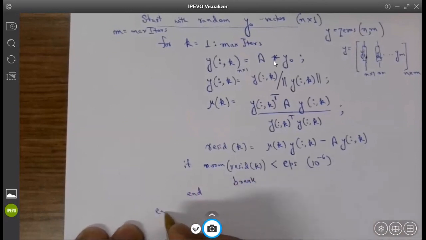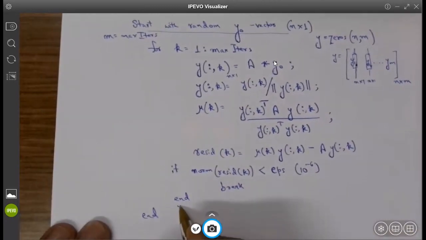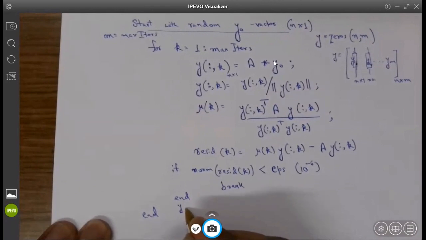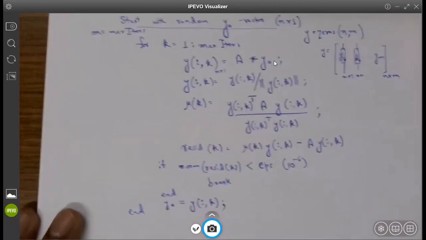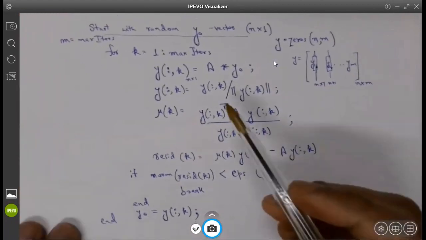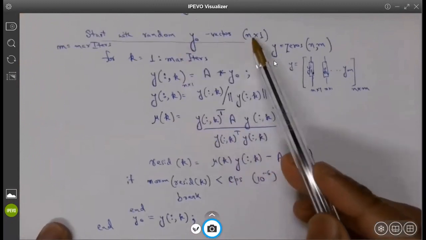And so I just create a for loop. Oh, there is one more statement here: y0 is equal to y colon comma k. So what I'm doing here is multiplying this random vector y0, which I'm just selecting.